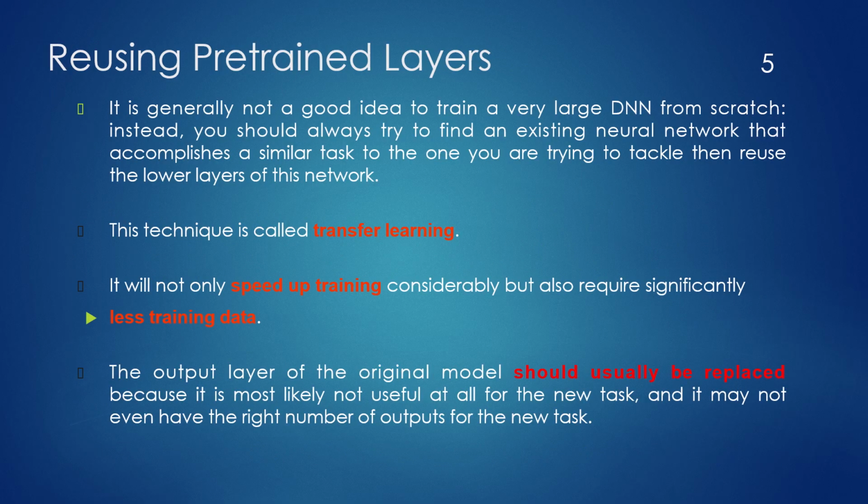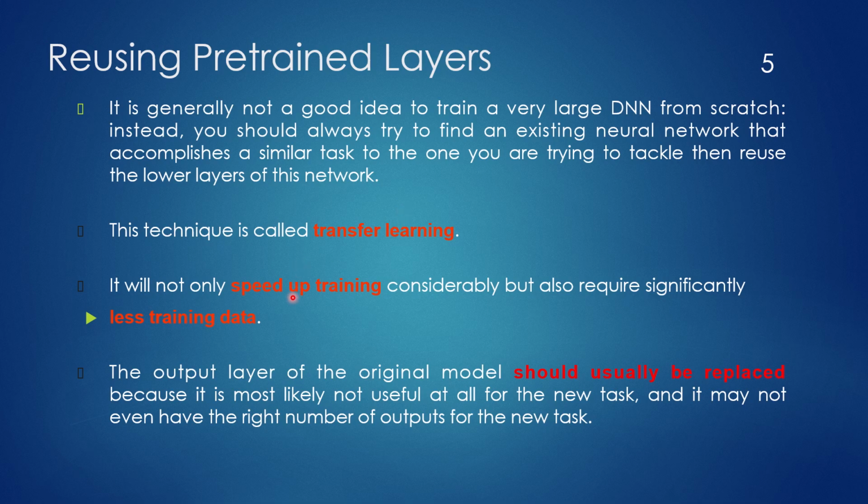Now we can also see reusing pretrained layers. The main summary of this is to avoid training a large DNN from scratch. Instead, reuse the lower layers of a pretrained network that was trained on a similar task. This method is known as transfer learning.